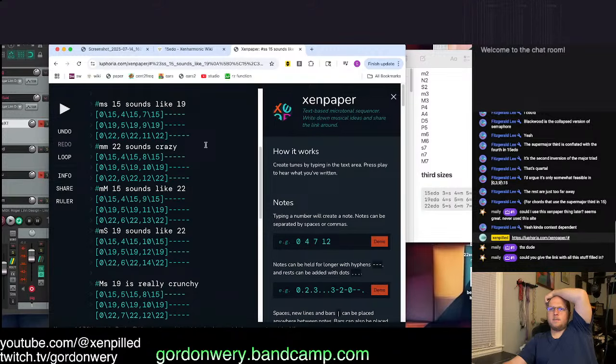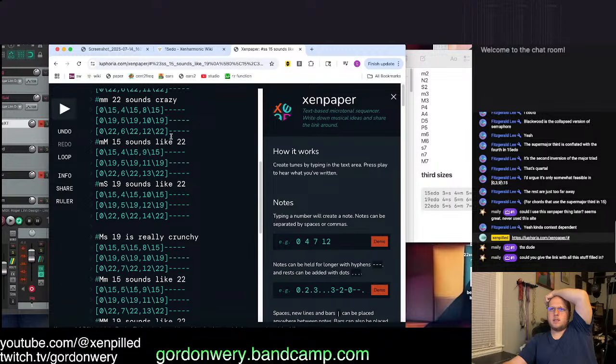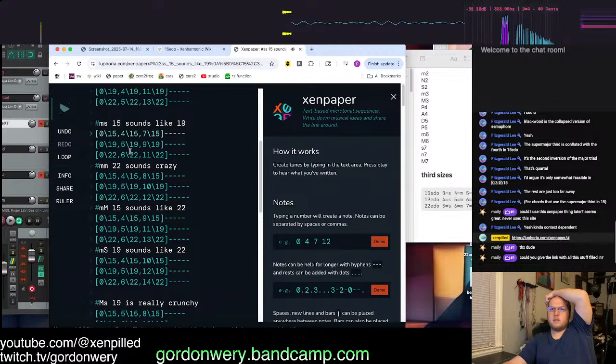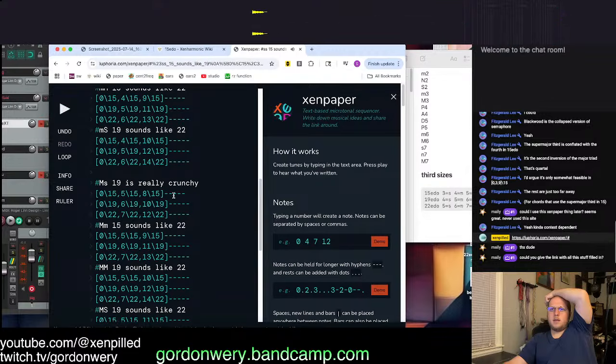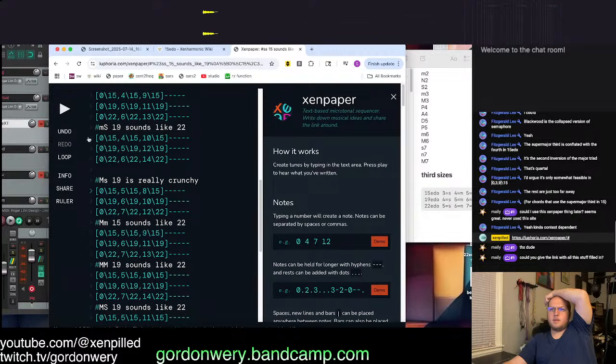And then, yeah, like this one where the minor third's on the bottom, this is very diminished sounding. And then this one with the major third on the bottom, I think that one's good.